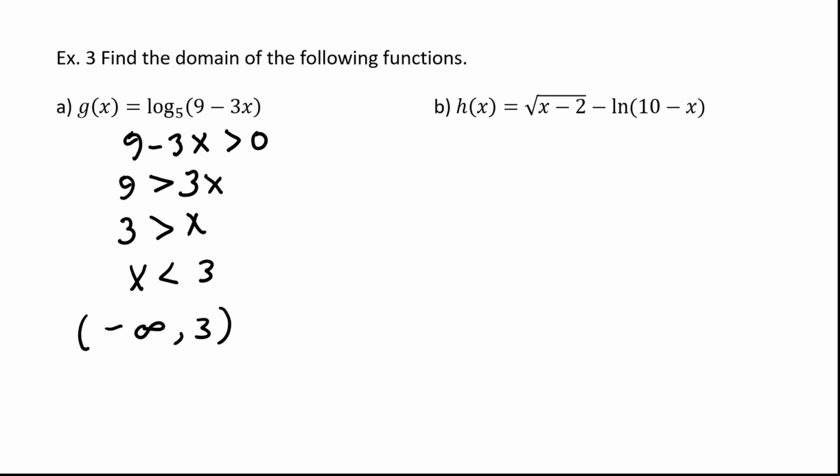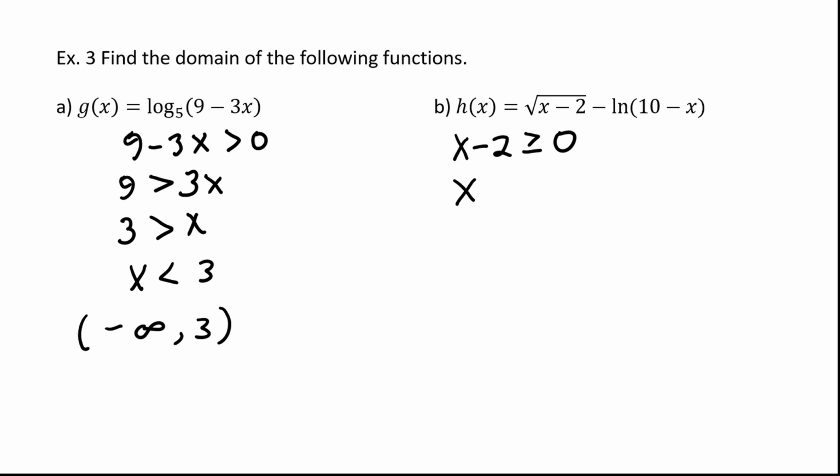Part B. h of x equals the square root of x minus 2 minus the natural log of 10 minus x. So we have two domains with which to contend. Let's start with the square root. In dealing with real numbers, under the square root, x minus 2 must be equal to or greater than 0.